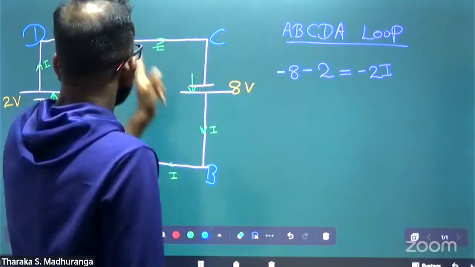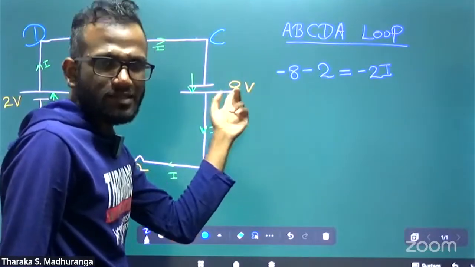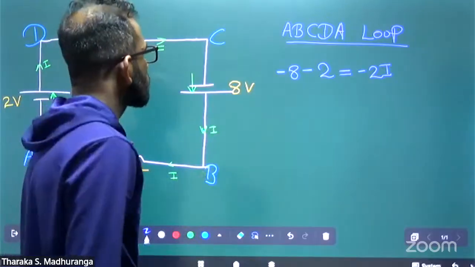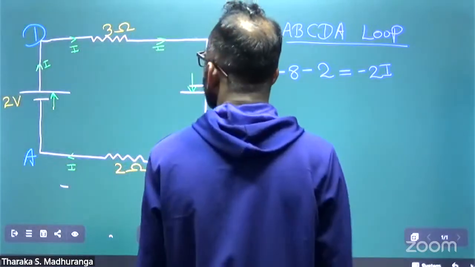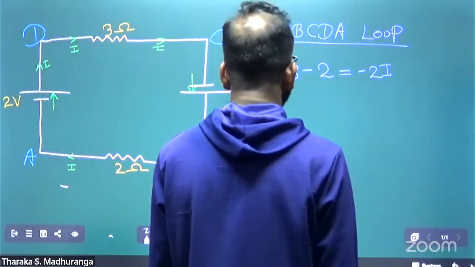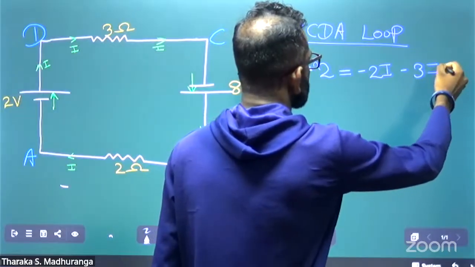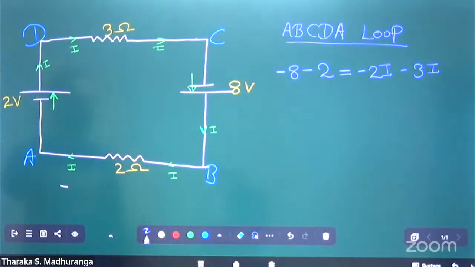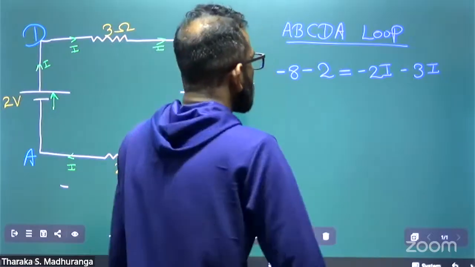C to D, there is internal resistance, but in this circuit it is not given, therefore you don't need to think about that. C to D, there is one resistance. Also our direction and current direction are opposite, therefore -3I. Come to D to A, again no resistance.